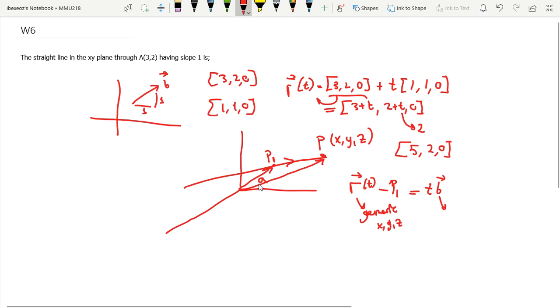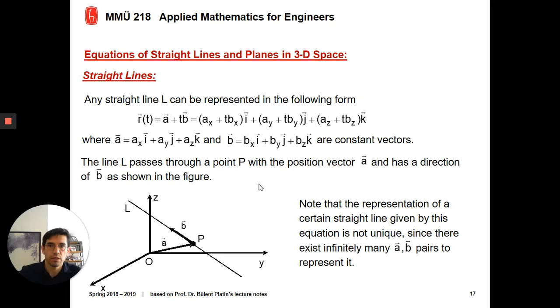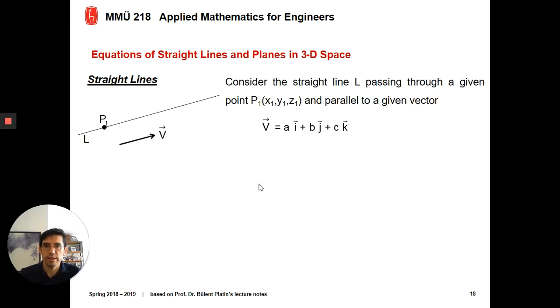And note here that, let me write this better. This is my generic point that I'm interested in, and after a certain amount of time, minus my original point that I know on the line. Okay. So let's move on to that example.